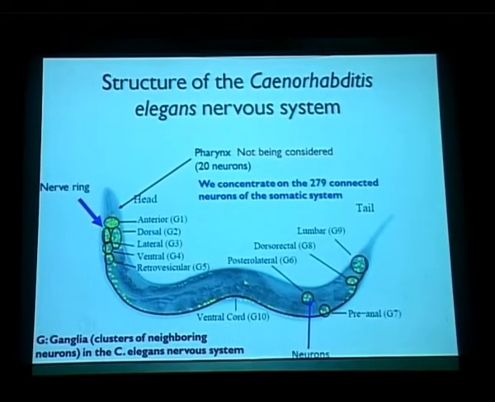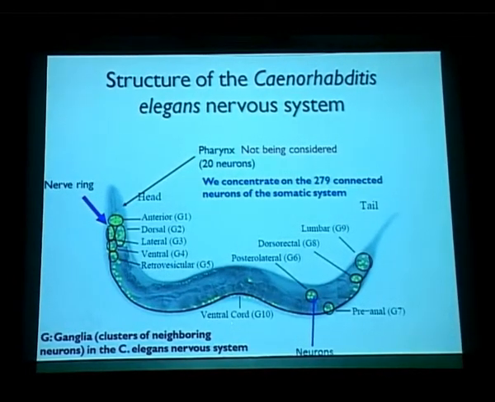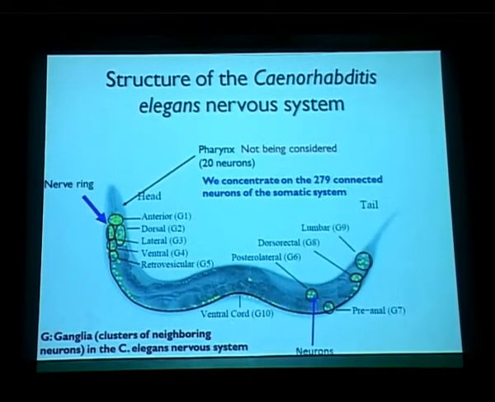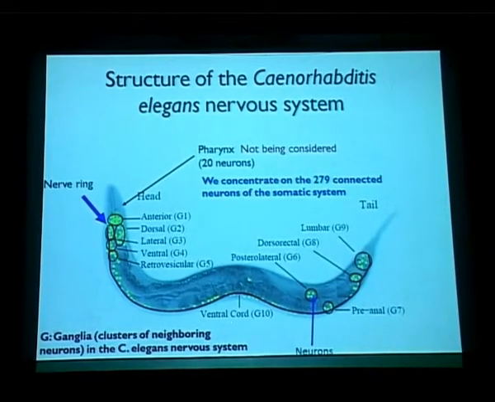We also heard that within individual organisms, the position of the cells is invariant. So many different things can therefore be mapped out and are already known. So in this work, we have concentrated on the somatic nervous system. We have not considered the pharyngeal neurons.